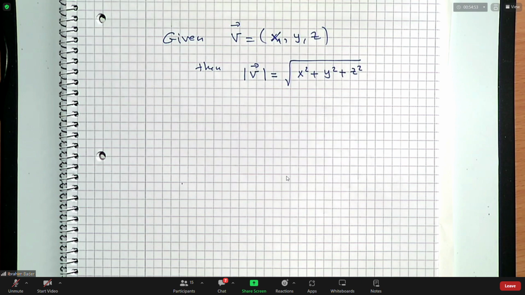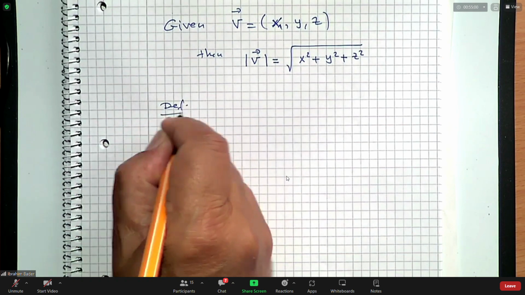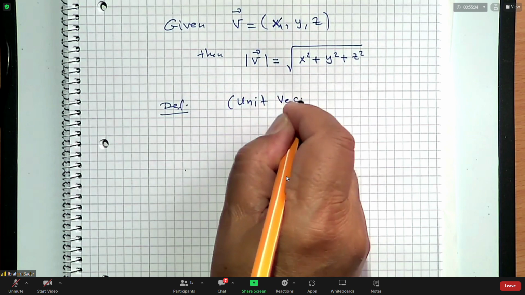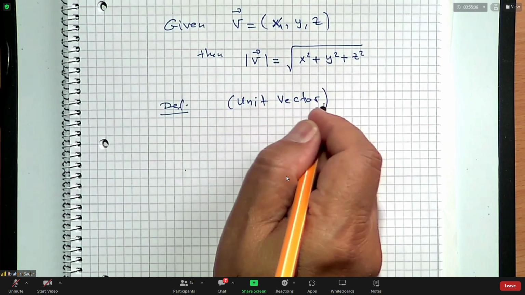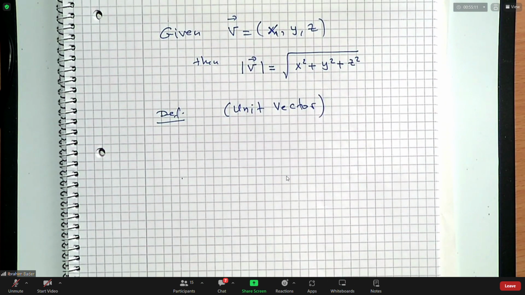Okay. Now, we define the so-called unit vector of a given vector. Unit vector. Now, as the name indicates here, the unit vector is a vector that has the magnitude or the length 1.